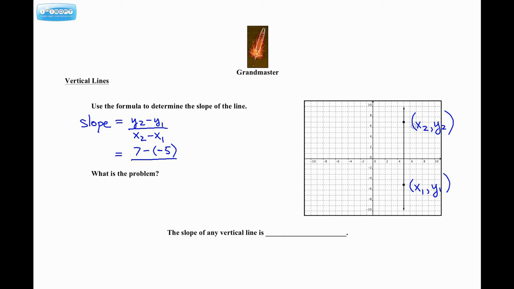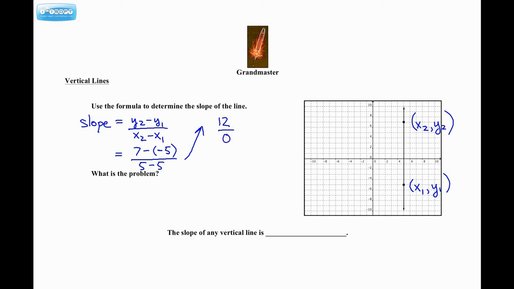Well, x2, that's this x coordinate, that's 5, and x1 also has the same, so it's 5 minus 5. So what do you get when you work this out? 7 take away negative 5 is 7 plus 5, which is 12. But 5 take away 5 is 0. So we have 12 over 0.